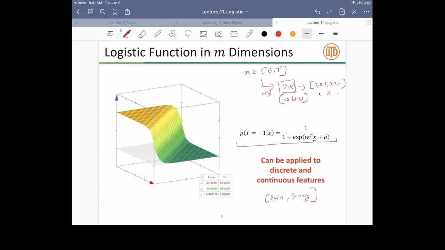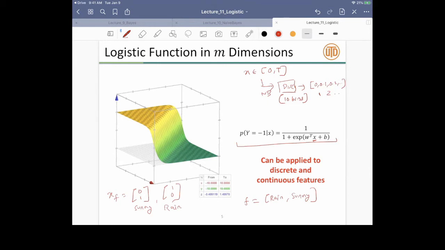What one-hot encoding does is convert this into a feature vector of size 2, which will be 0, 1 in the case when it's sunny, or 1, 0 in the case when it's rainy. So I'm converting my single feature into a two-dimensional one-hot encoding representation.